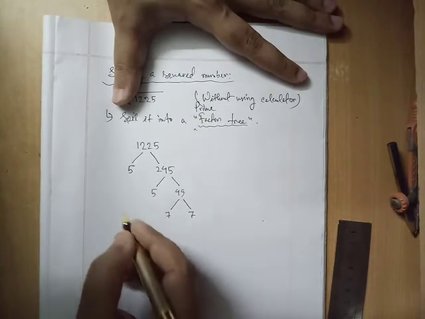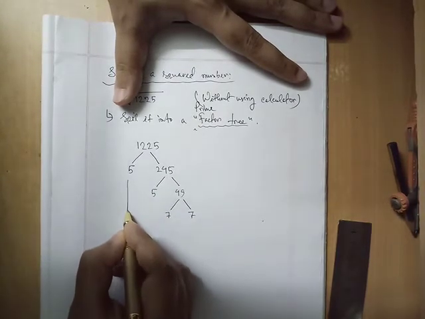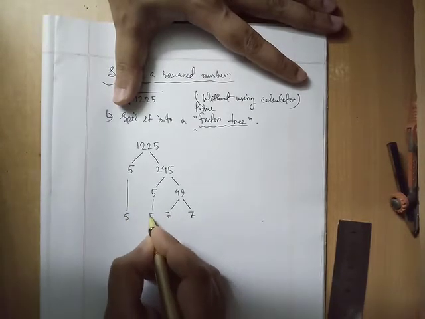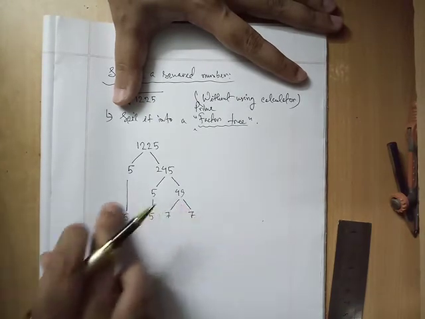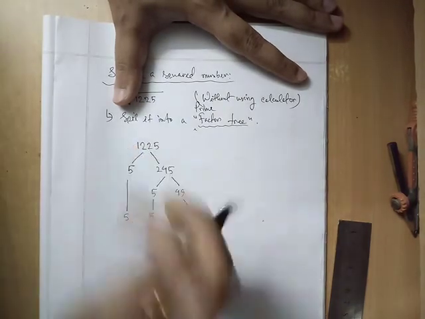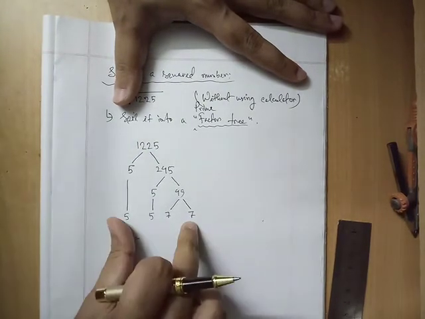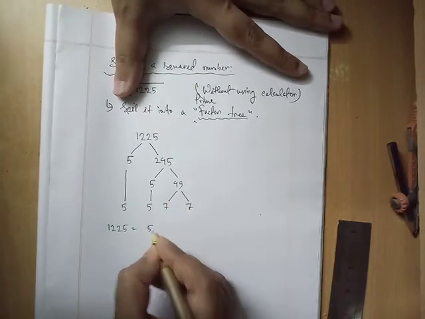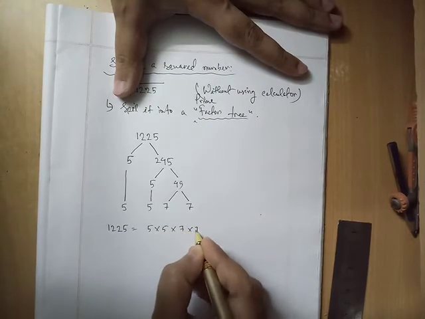So the prime factors that we have got are 5, 5, 7 and 7. If we multiply all of this, we will get this number. So I can write 1225 as a product of its prime factors: 5 into 5 into 7 into 7.